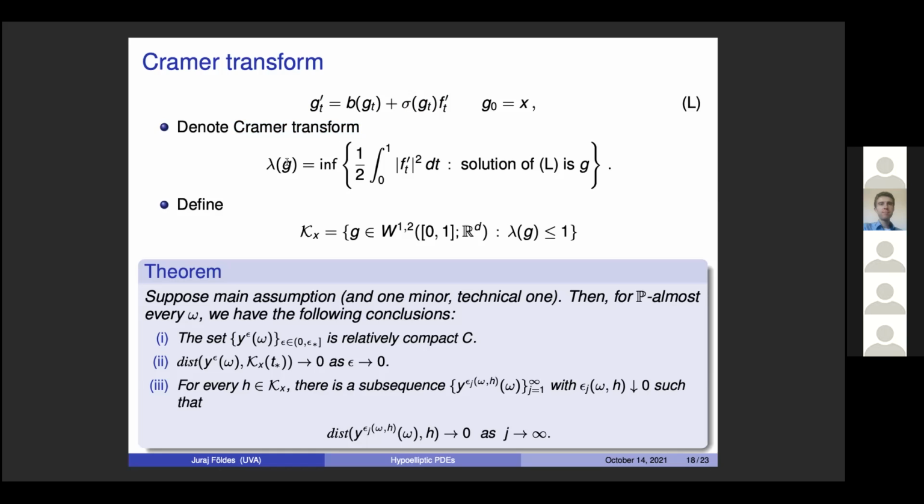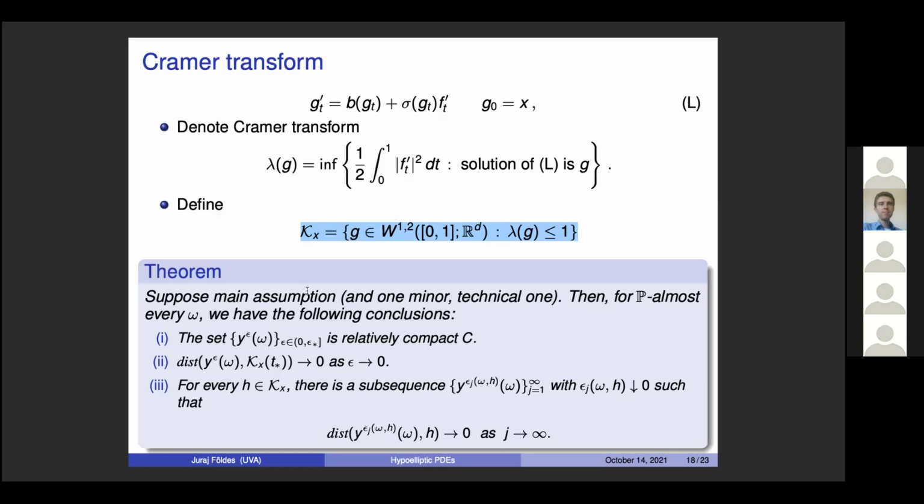That really means I take the solution and the smallest right-hand side that gives me this solution, exactly this G. Possibly there are several such f's, and I take the minimal H1 norm of that one. And I look at all the points that have this Cramér transformation less than 1. Again, if it's a Brownian motion, we are looking only at H1 norm less than 1, which recovers our Strassen's law of iterated logarithm.